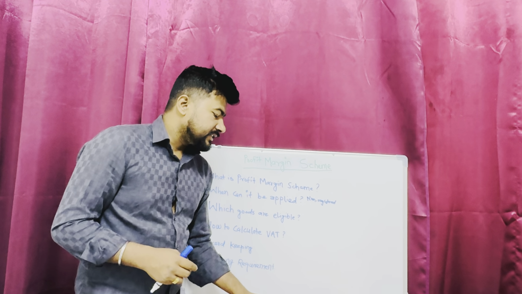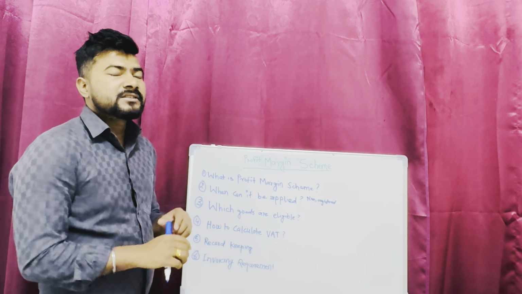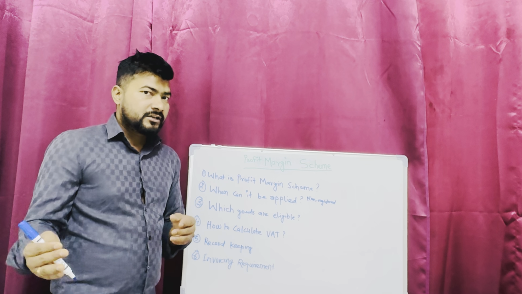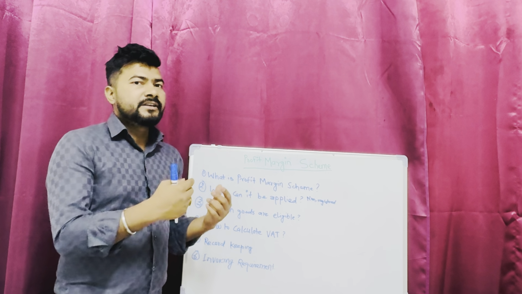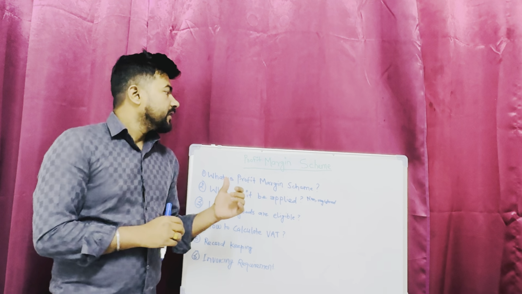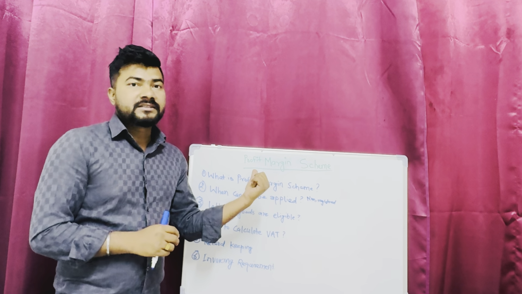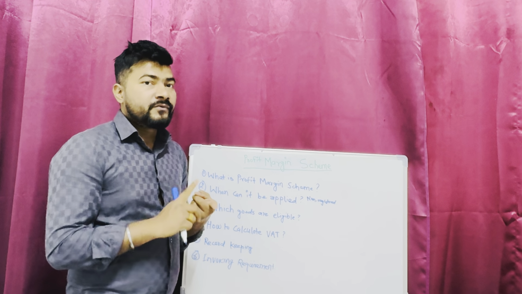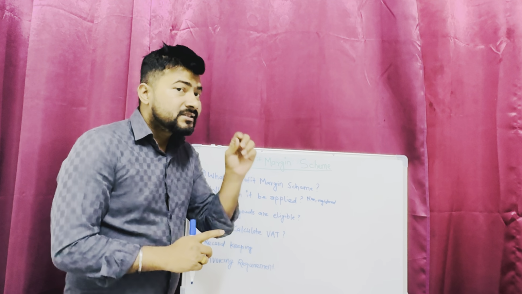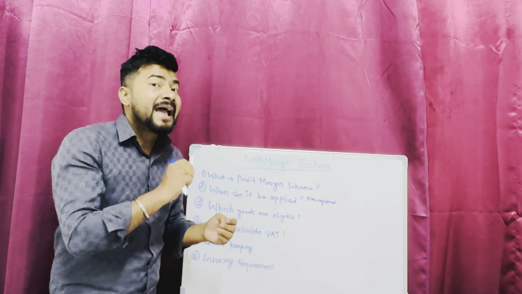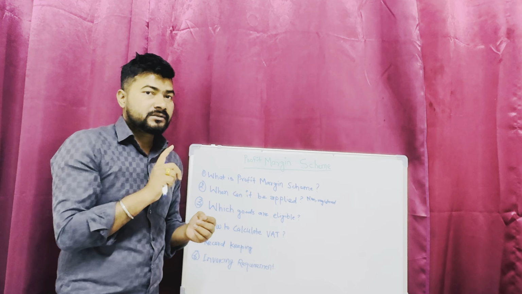Another case is antiques. Here antique means any goods which are older than 50 years. If you are trading in such goods, in that case again you can apply the profit margin scheme, but you should provide documentary proof to the Federal Tax Authority that such goods are 50 years old and VAT was applied on those goods.